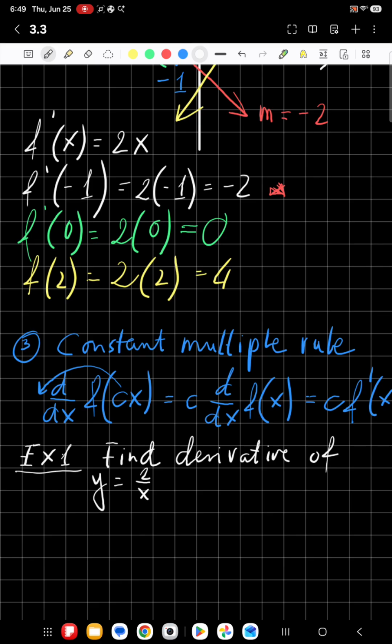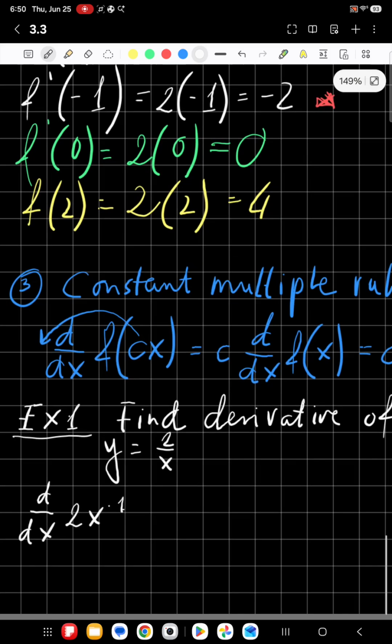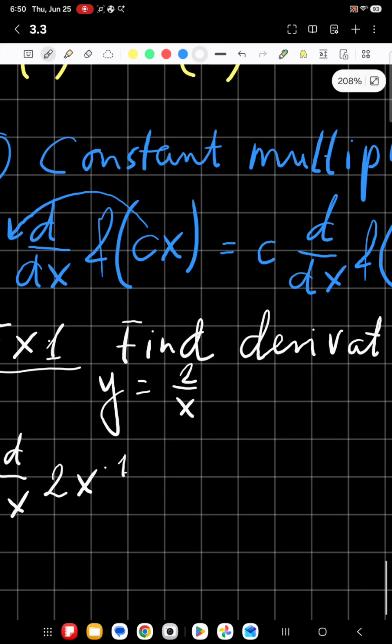Okay, so let's take the d over dx notation and let's use it. So 2, and then I'm going to write x to the negative 1 power. Okay, let me fix it this way. Negative 1 power.